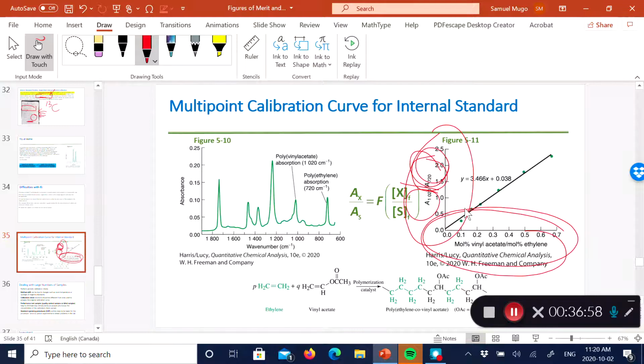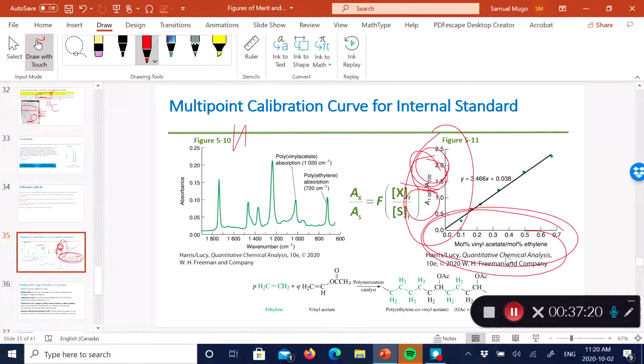And then the rest becomes fairly straightforward, just like an external calibration method. Meaning, in this case, when you're determining the unknown, remember the unknown is analyzed separately from your standard solutions.